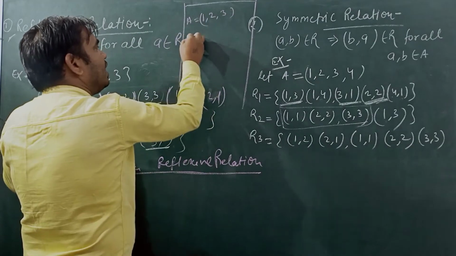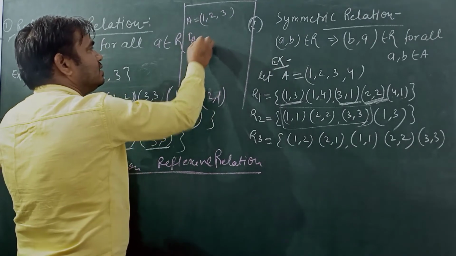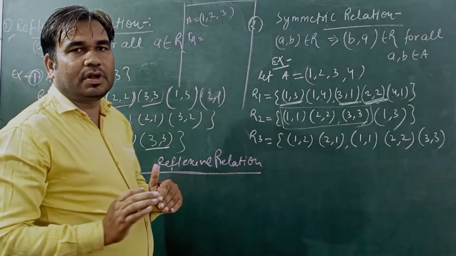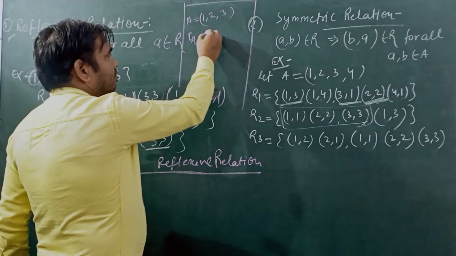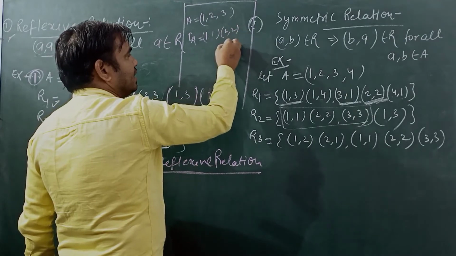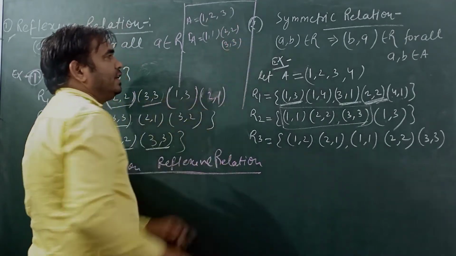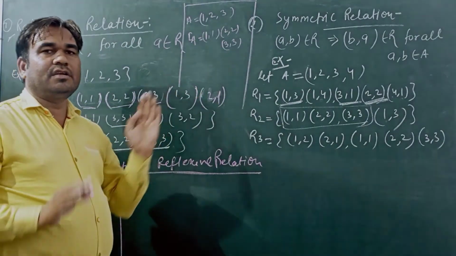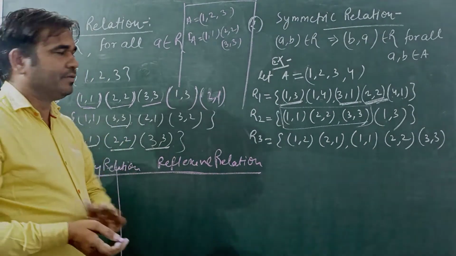So here we find out the identity relation. For every element, (1,1), (2,2) and (3,3) must be in the identity relation.